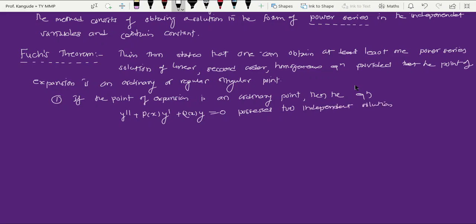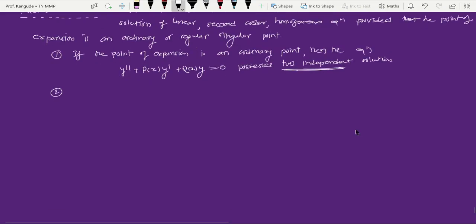This is a very important word we should know. So if that point of expansion is an ordinary point of the given differential equation, then this equation possesses two independent power series solutions. This is the first statement. We are going to get this proved in our theory or in our examples later on.